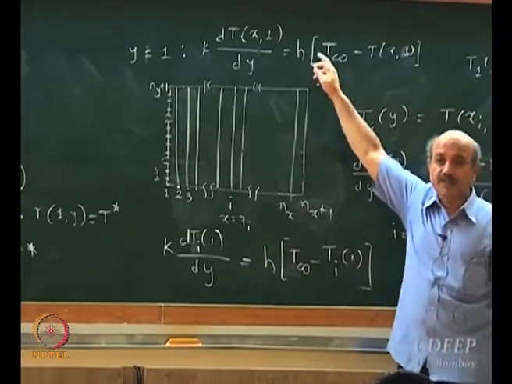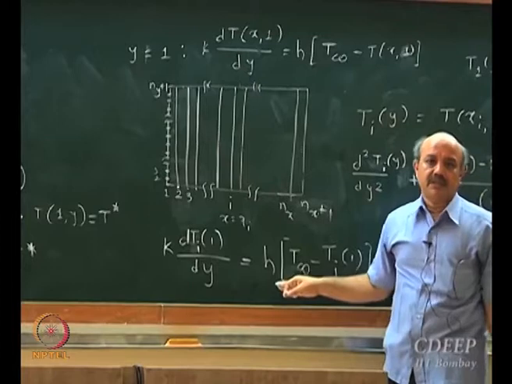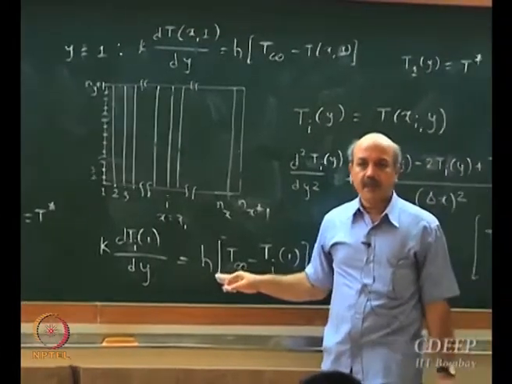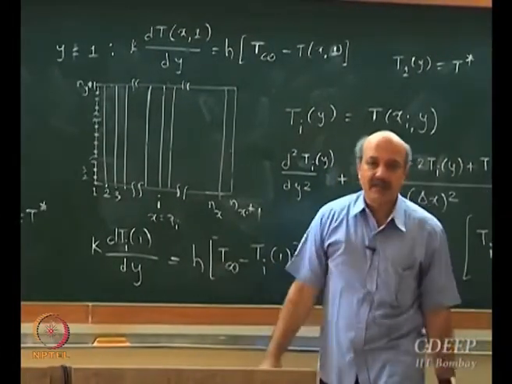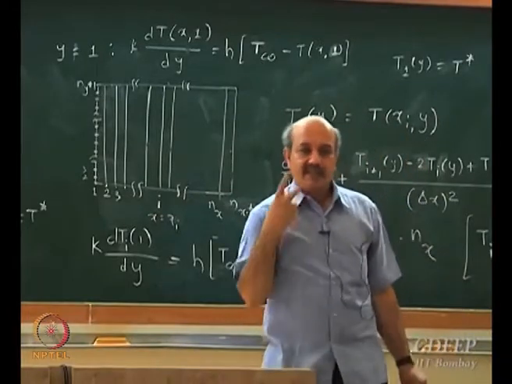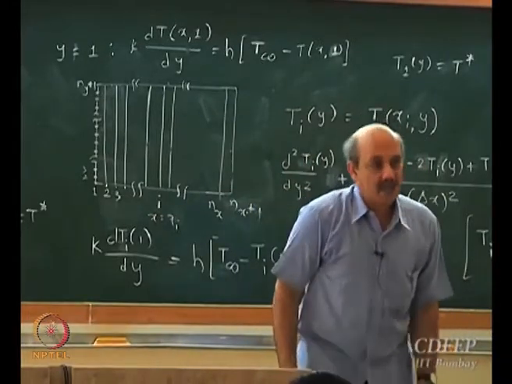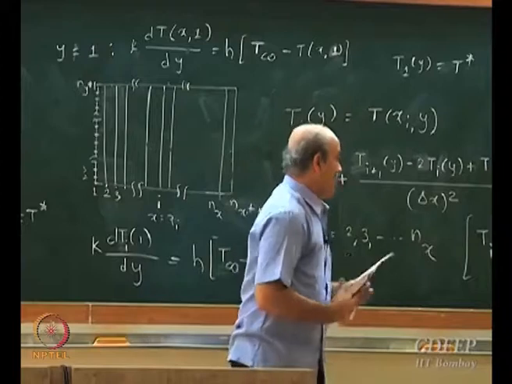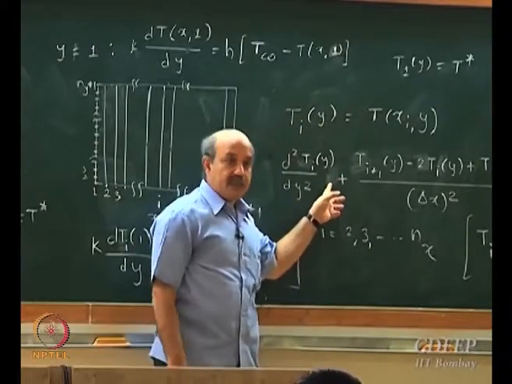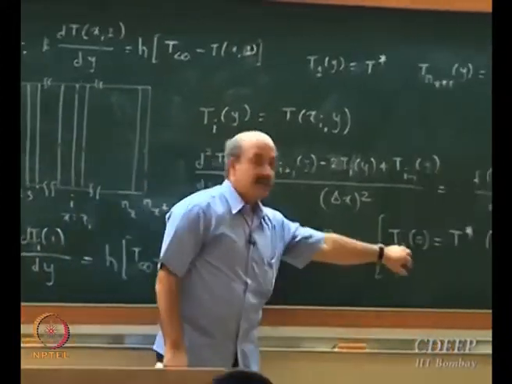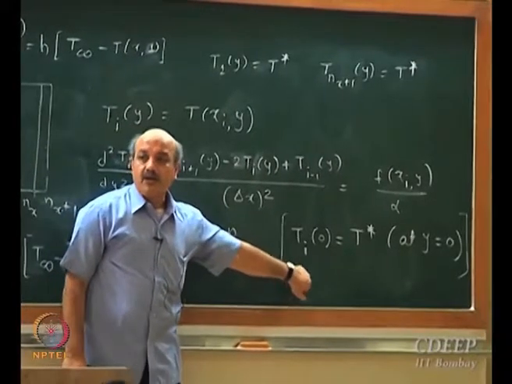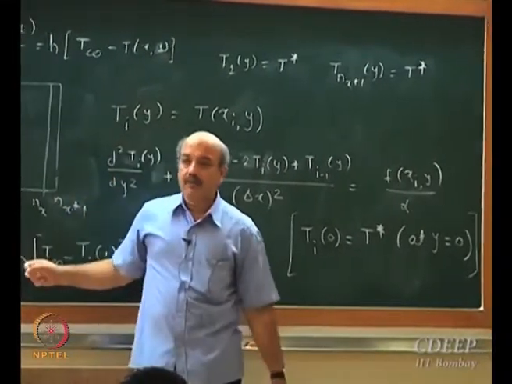So discretization of this boundary condition will give you this set of equations. Now what you get here is a set of coupled second order ordinary differential equations, subject to boundary conditions at y equal to 0 and at y equal to 1.